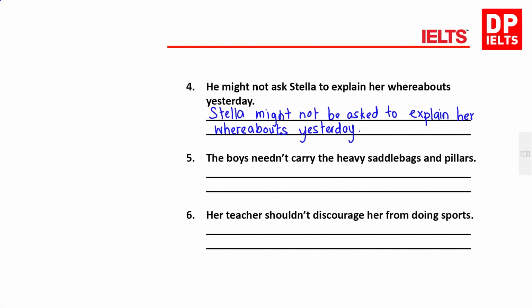Number 5. The heavy saddlebags and pillars need not or needn't be carried by the boys.